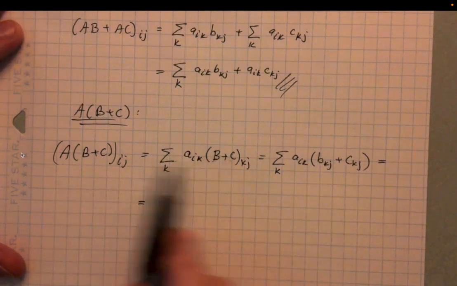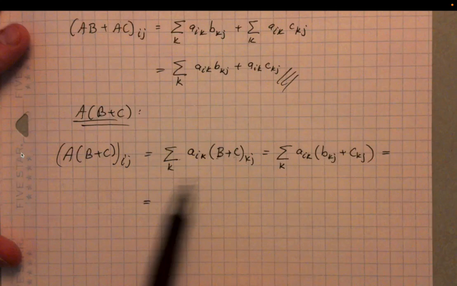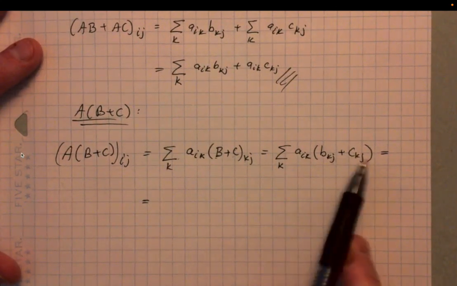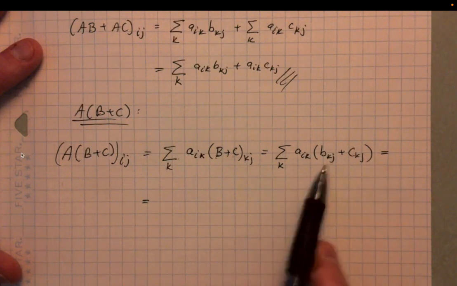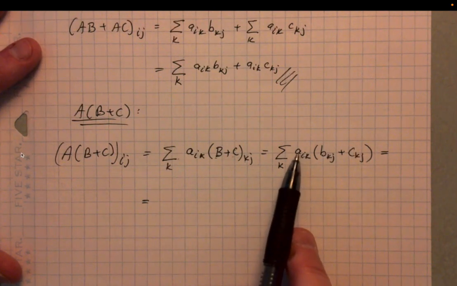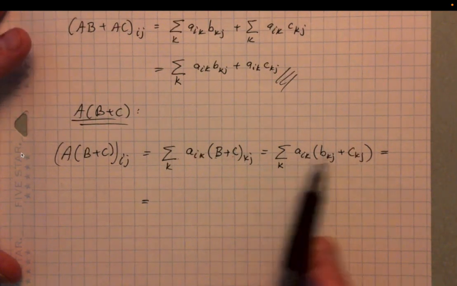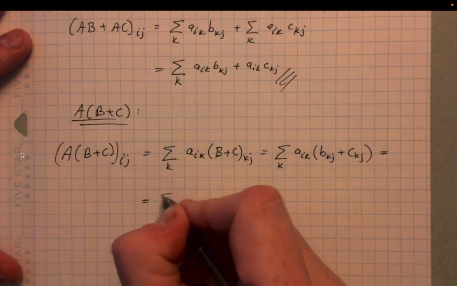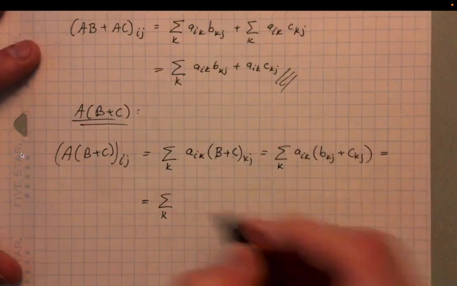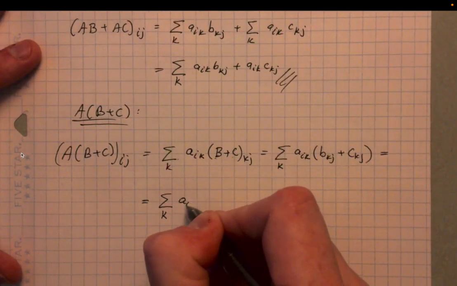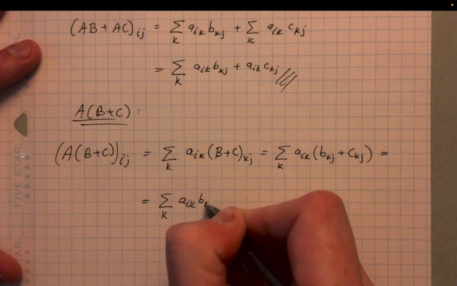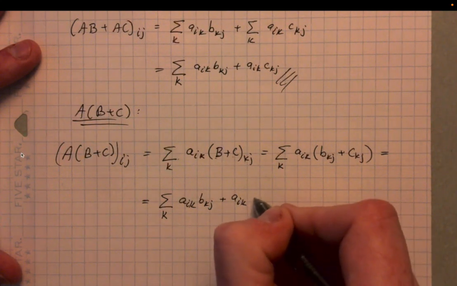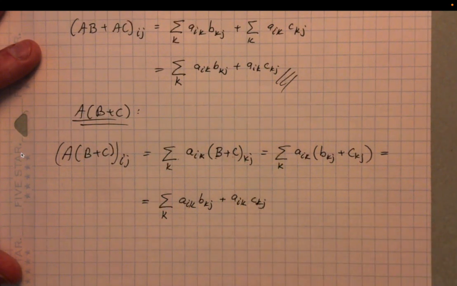Sometimes this notation can be a little tricky, but there's really no better way to write this. And then these are just real numbers, right? So the distributive property works on real numbers. So 5 times 7 plus 6 is the same as 5 times 7 plus 5 times 6, right? And so we can expand this, and we see that we get AIK times BKJ plus AIK times CKJ.